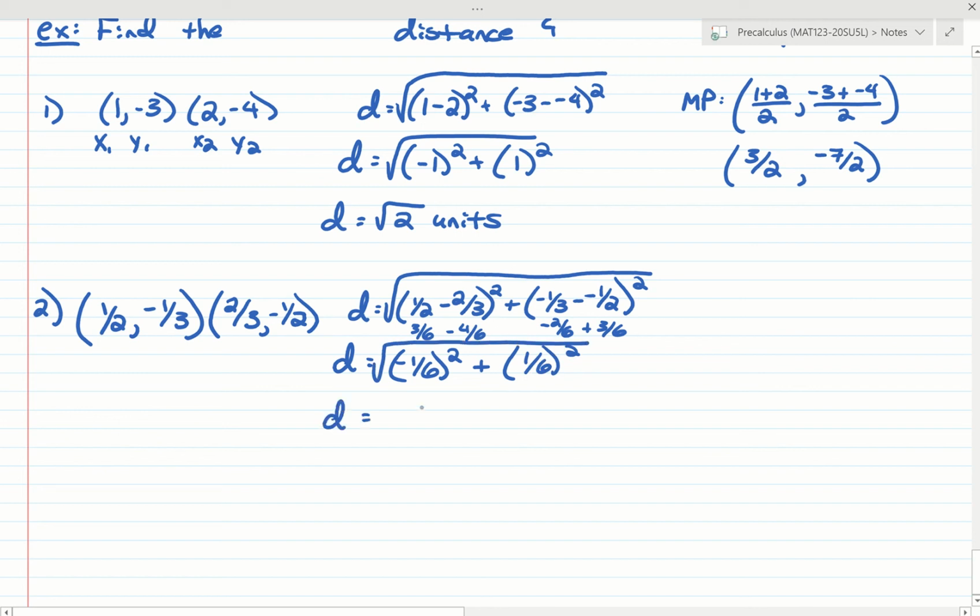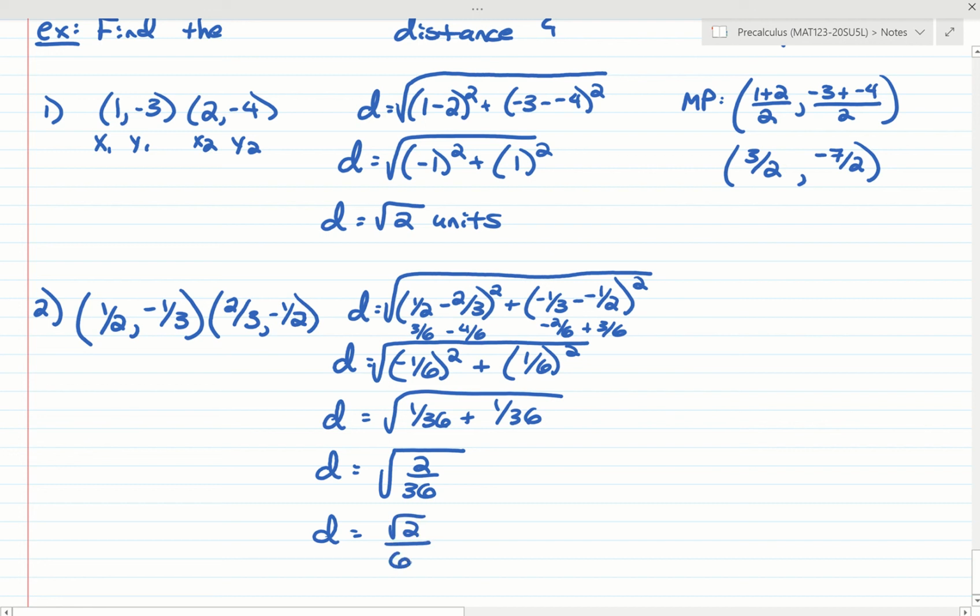So our distance here would be 1/36 plus 1/36, which is the square root of 2/36, which is square root of 2 over 6 units.